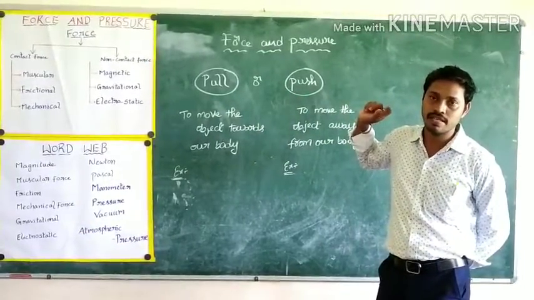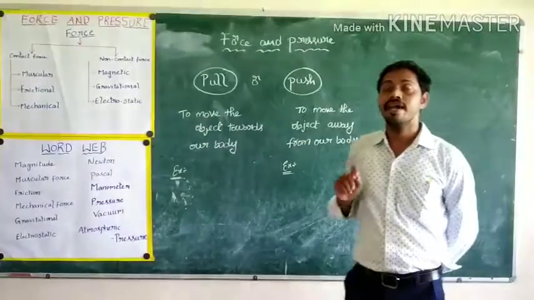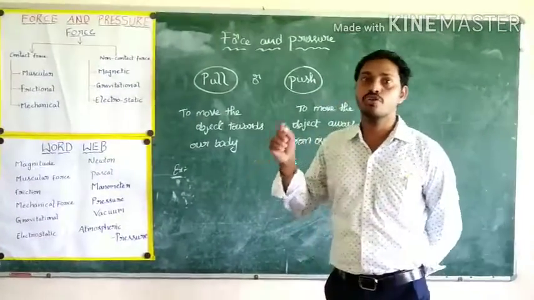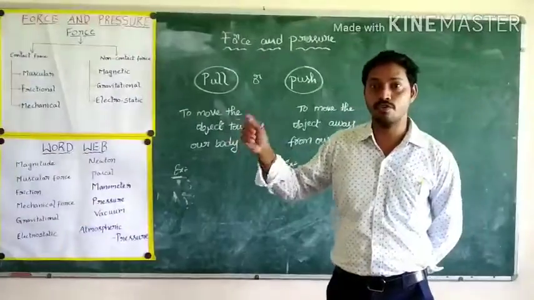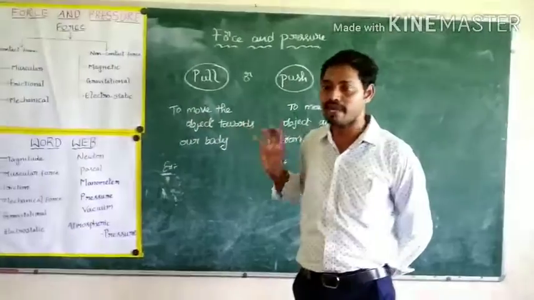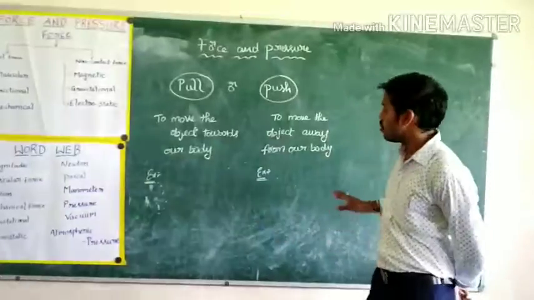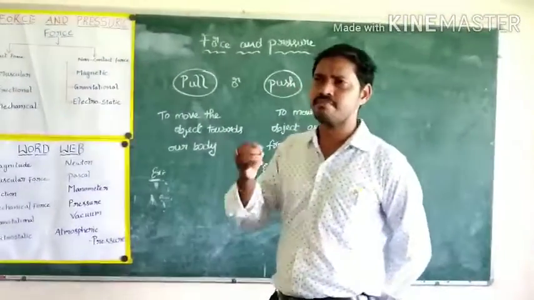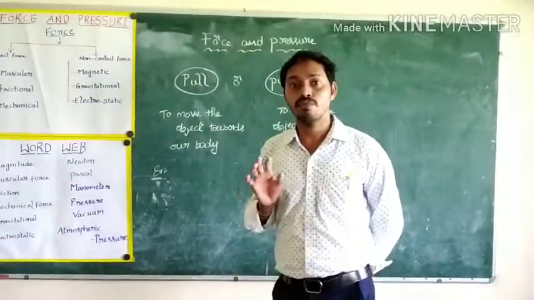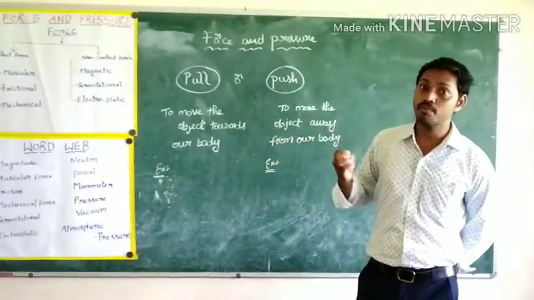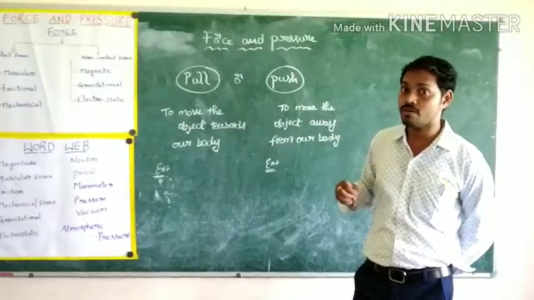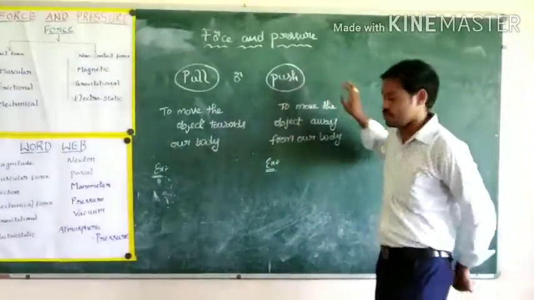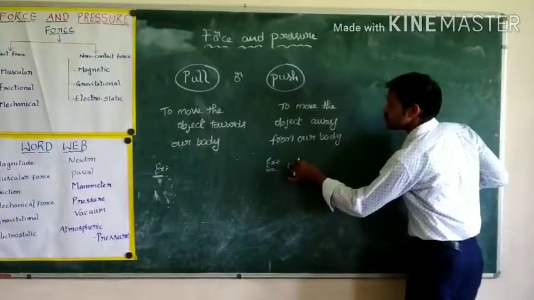Okay, did you get that? See, while our bicycle is stopped, we have to apply some force to move it. To move our bicycle, we have to apply some push. While we go to the supermarket to buy some goods, we have to move the trolley. See here, we are moving the trolley away from our body, so we are applying push. That means while moving the trolley.